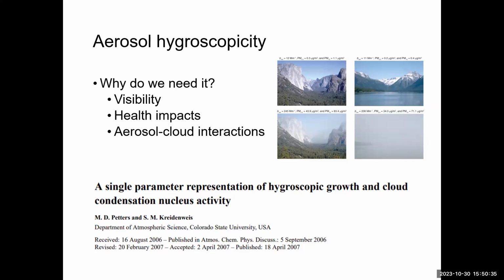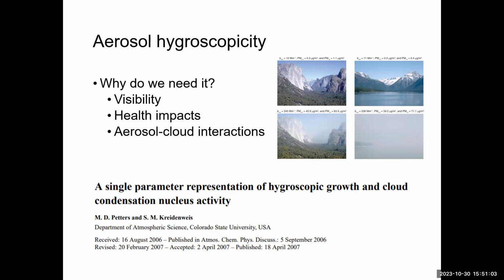Regarding the hygroscopicity of aerosols, I strongly encourage you to read this paper, because it is a canonical paper that summarizes aerosol hygroscopicity with just one single parameter. Reducing all of these analyses into one single parameter is very helpful for building sophisticated models to look at aerosol, cloud, and climate interactions, especially in global climate models, right?